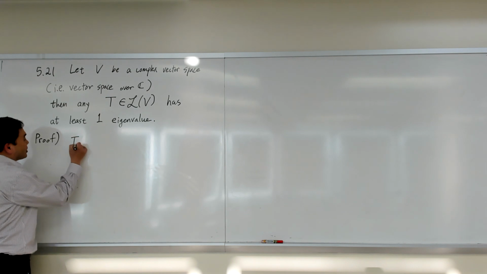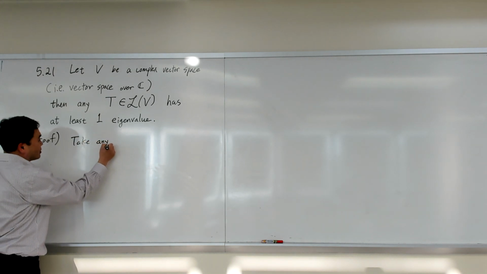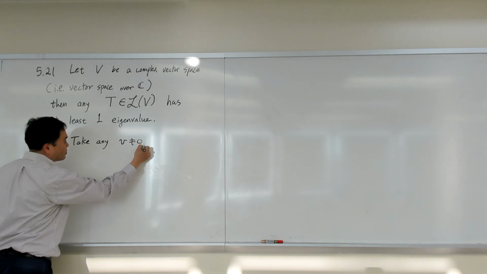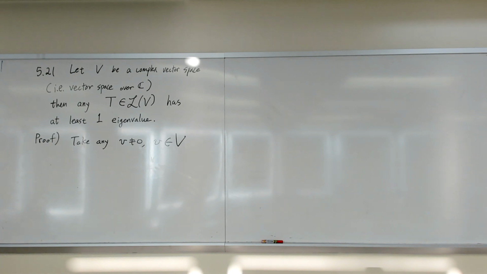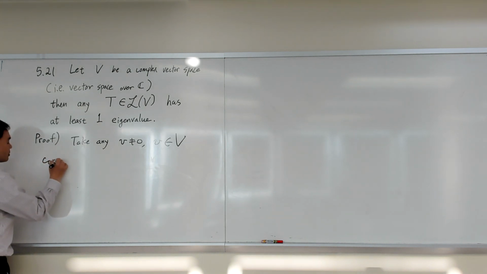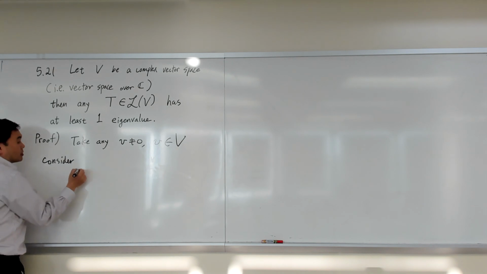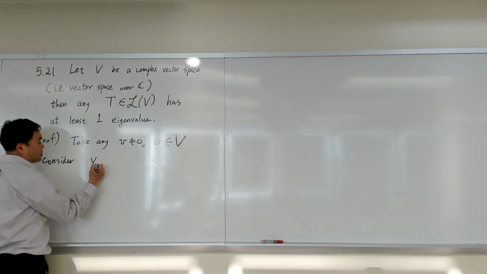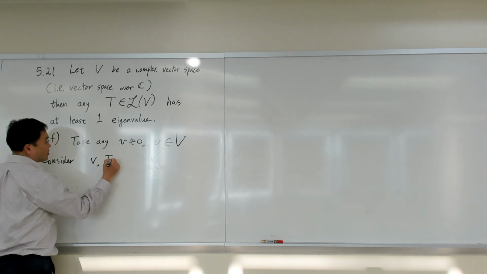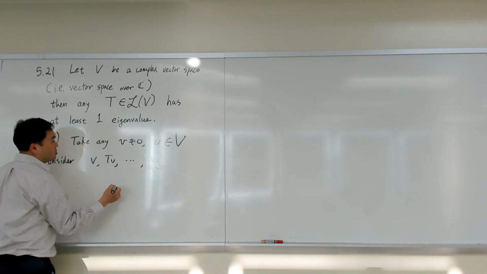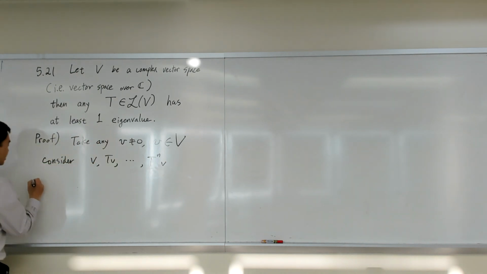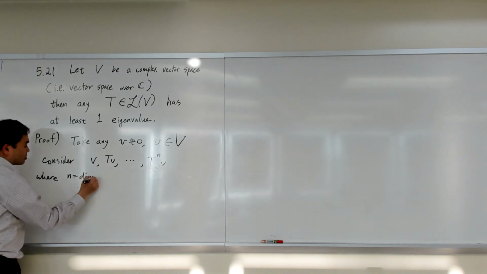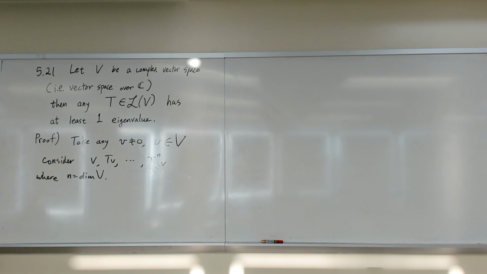So take any non-zero V in V. Okay. Consider V, TV, all the way up to T^n V, where n is the dimension of V. Oh, I should have said that it's finite dimensional.